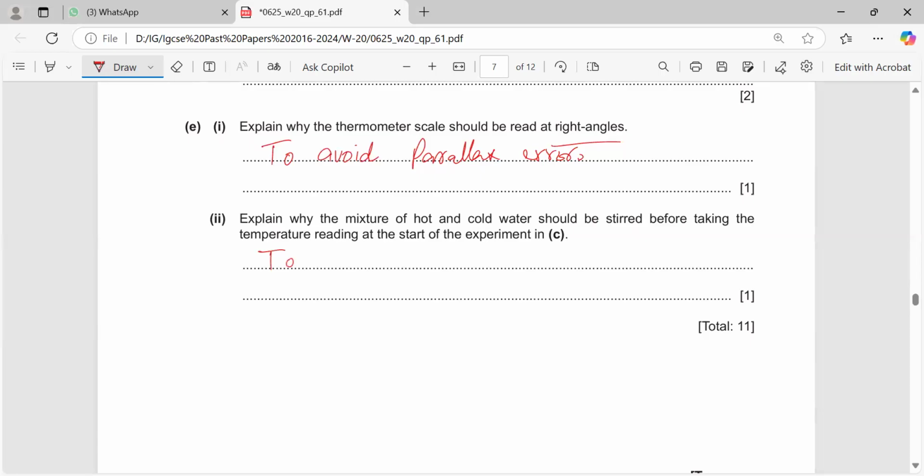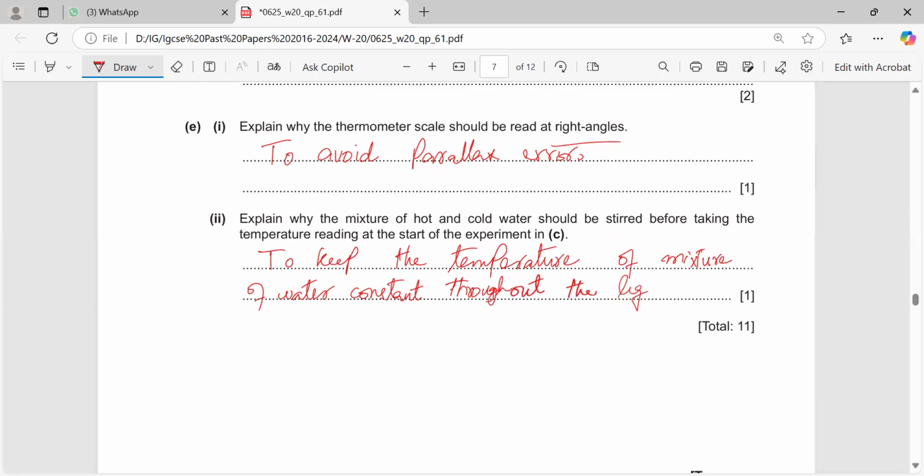So simply we can say keep the temperature of mixture of water constant throughout the liquid.